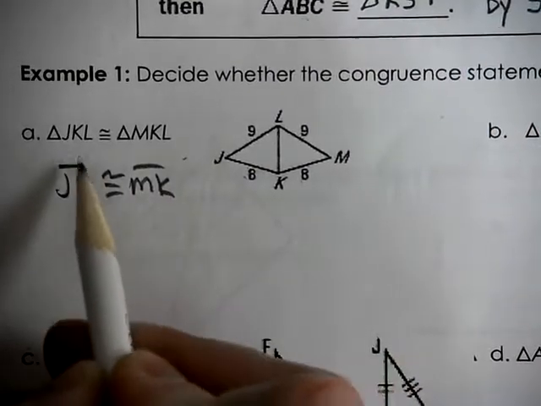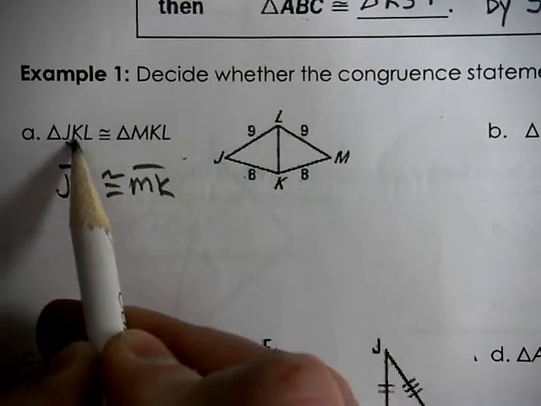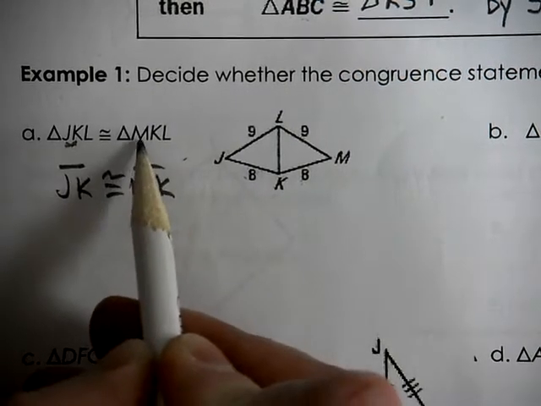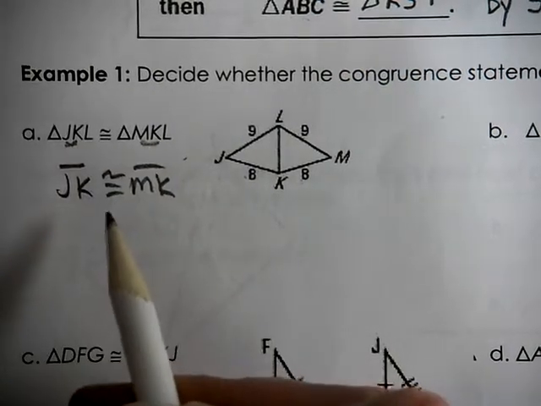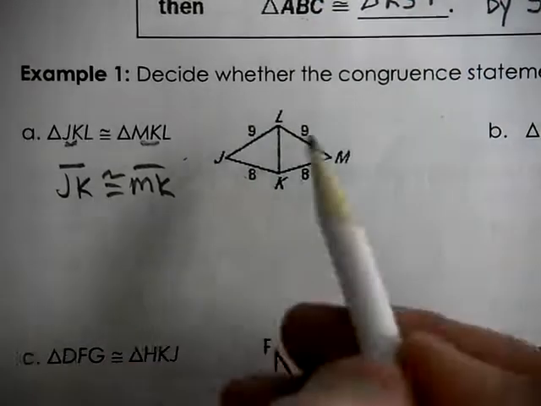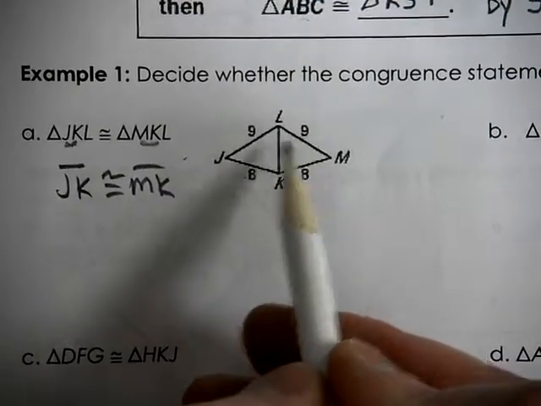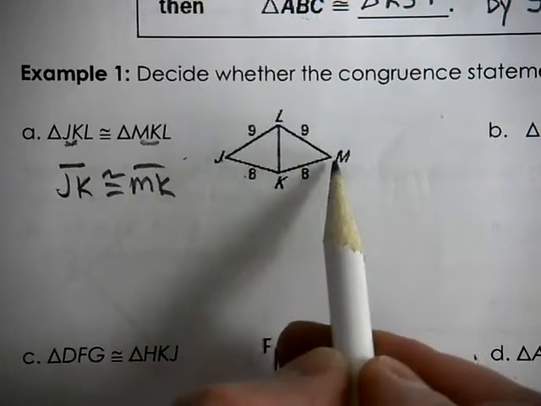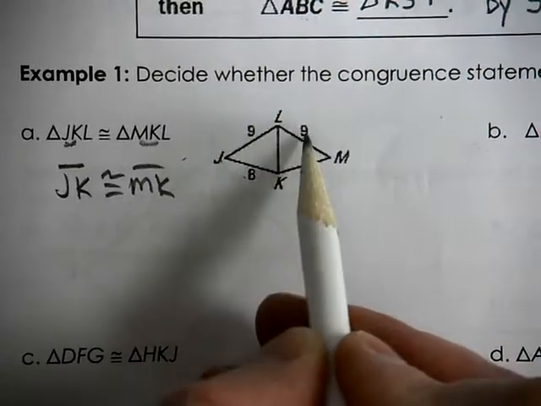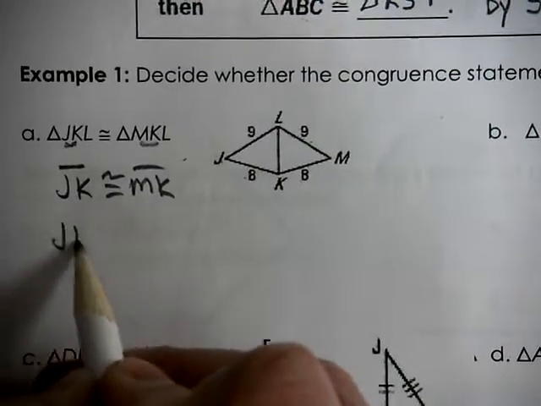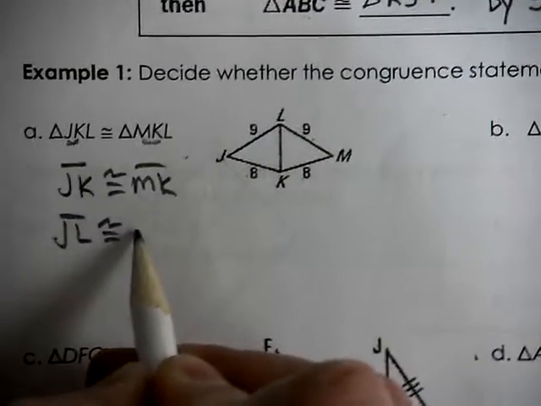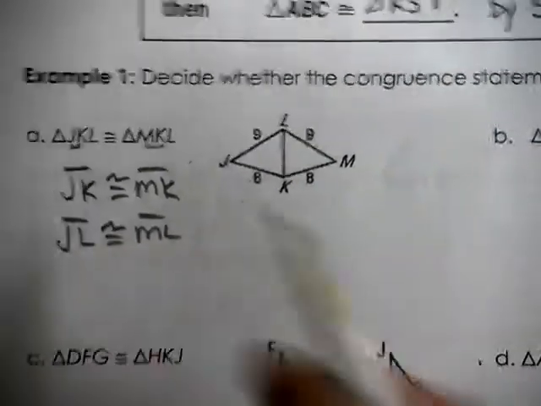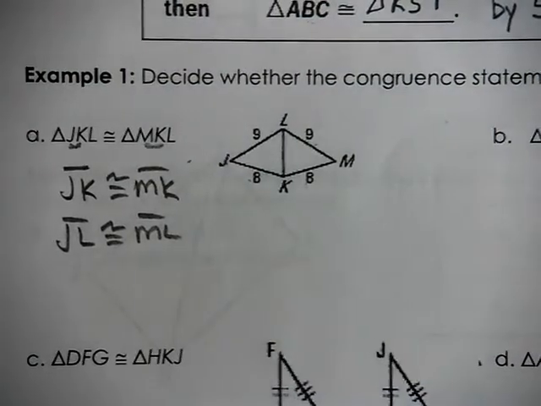That happens to be the first two letters congruent to the first two letters. That's pretty common. Then we see the 9s. So I see that JL is 9 and ML is 9. So JL is congruent to ML because they're both the same length.